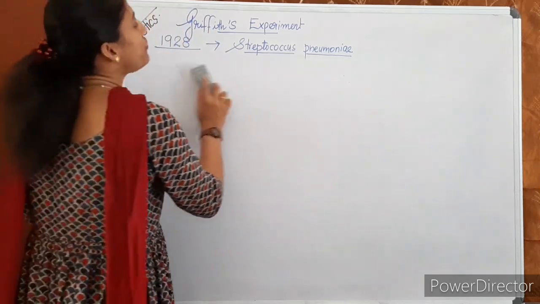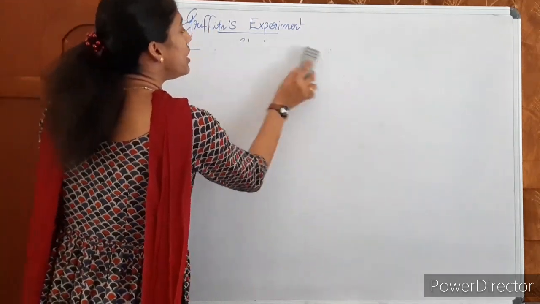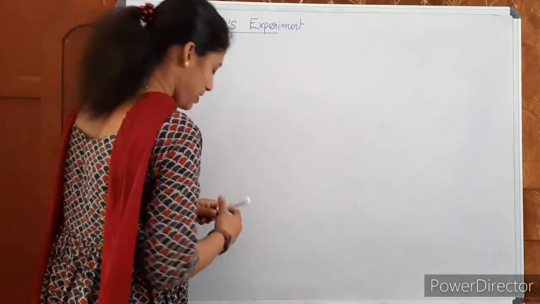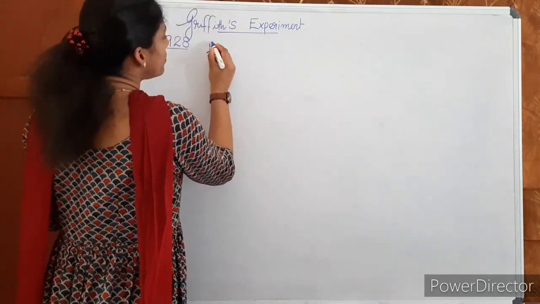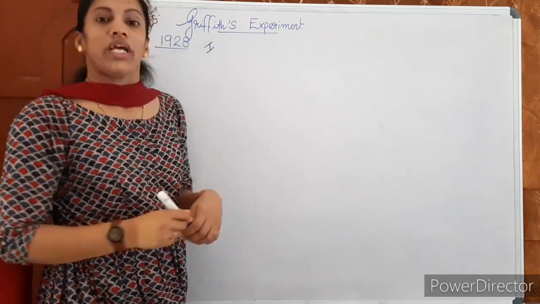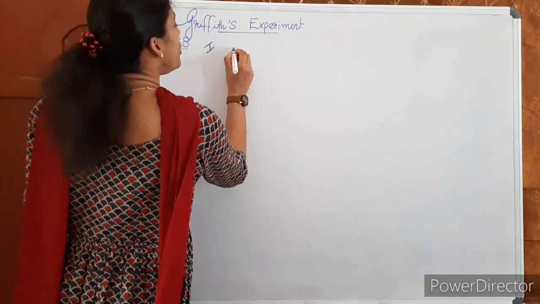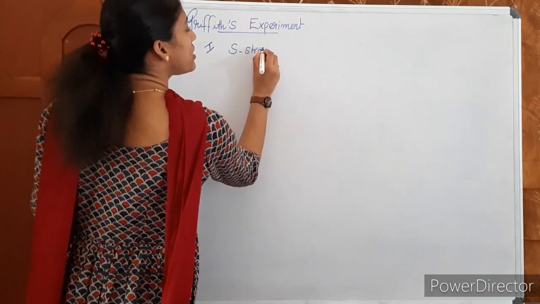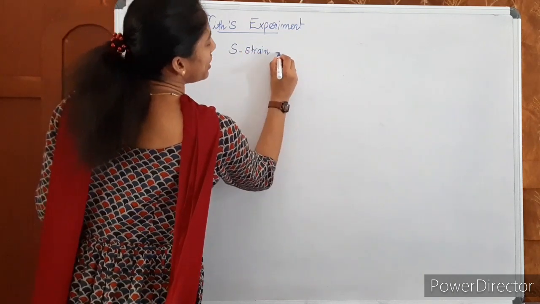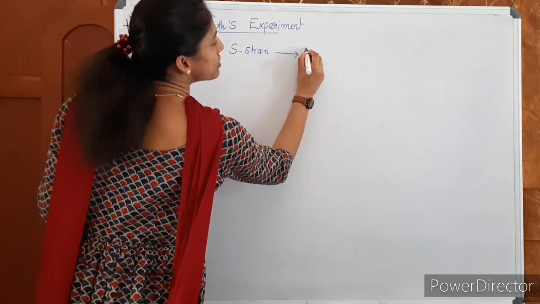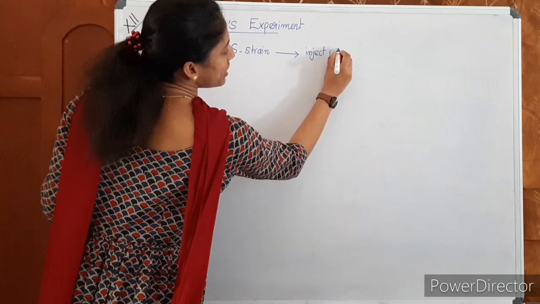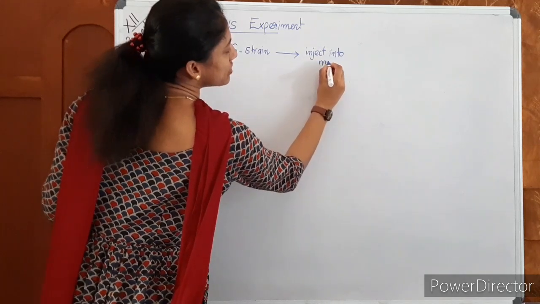In Griffith's experiment, in the first set of experiment, he used the S strain and injected S strain bacterium into mice.